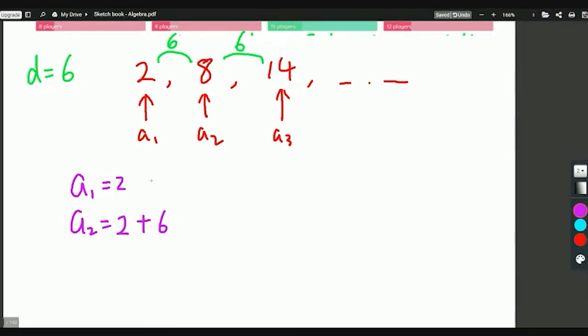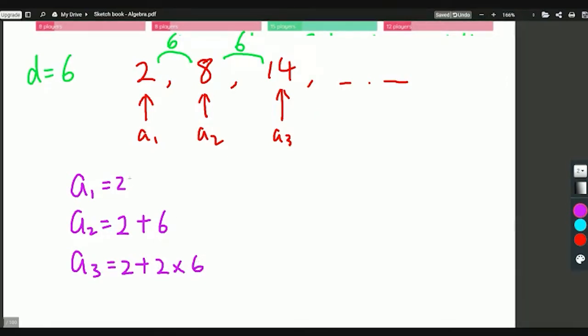I'm actually adding the common difference here. And then my A3 is 2 plus 2 times 6, because going from the first to the third, I'm adding the common difference twice.